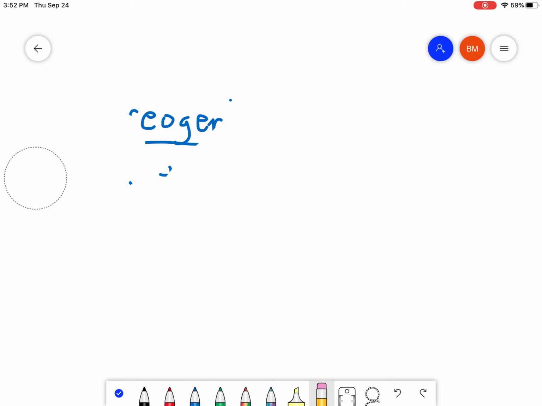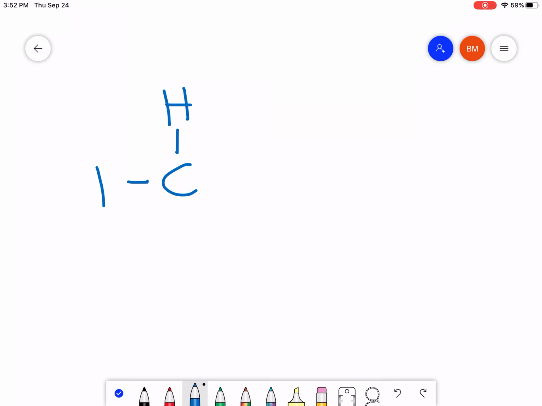For example, right? We could go back to this guy. I'll just draw the two-dimensional structure here. CH2BrCl. We looked at this one earlier. All right. Do we have a stereogenic center in this example? Well, the only candidate really would be this guy. All right.